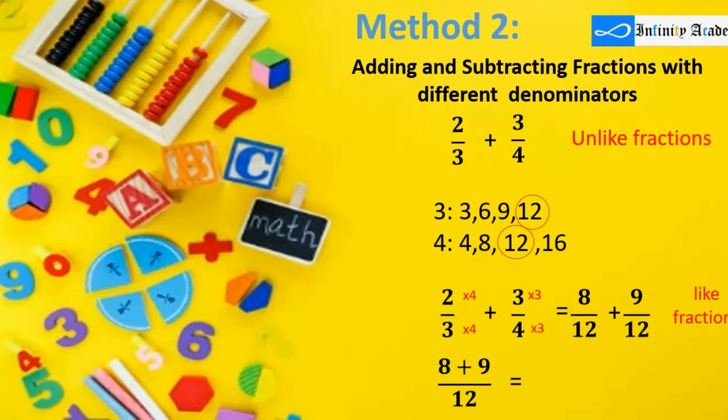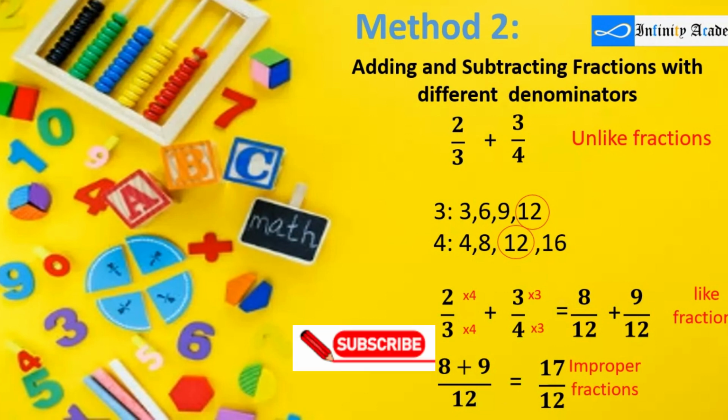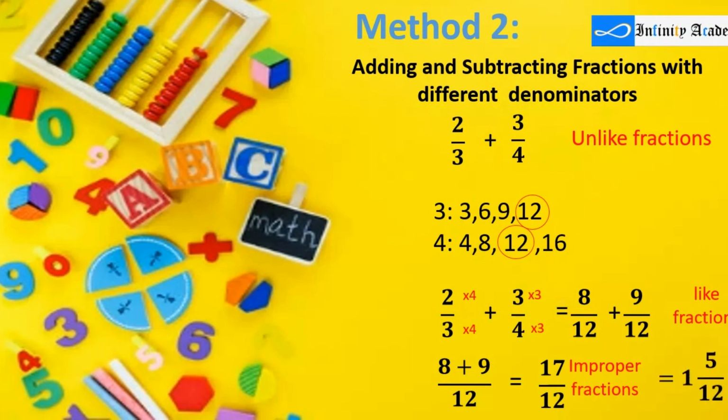That is 9 plus 8 gives us 17 and 12. 17 by 12. As you can see, the numerator here is larger than the denominator, so we call these kind of fractions improper fractions. Converting improper fractions into mixed numbers, we will get our answer as 1 whole 5 by 12.